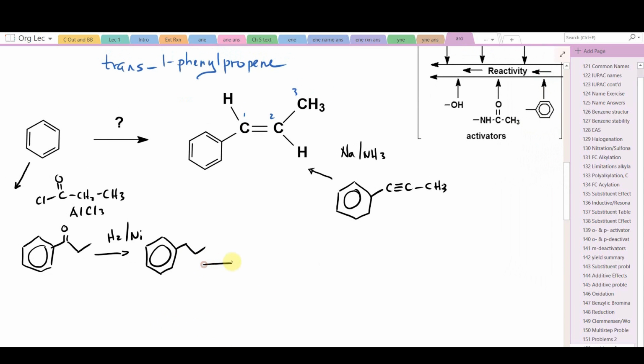Our next step would be to add N-bromosuccinimide and benzoyl peroxide. And why is that? Well, that will brominate the benzylic position just once right there, and that will give us some functionality to work with here.